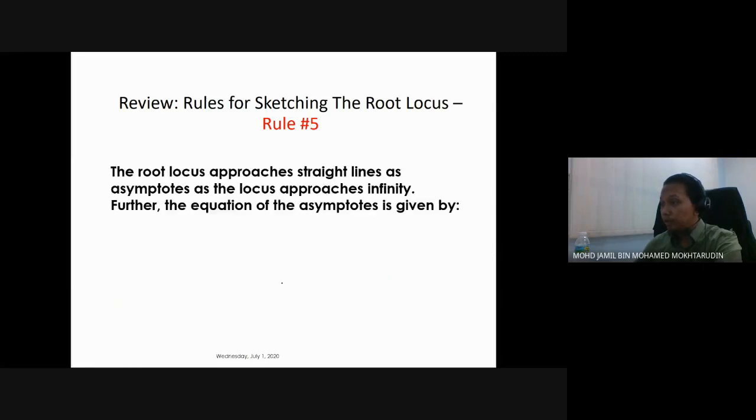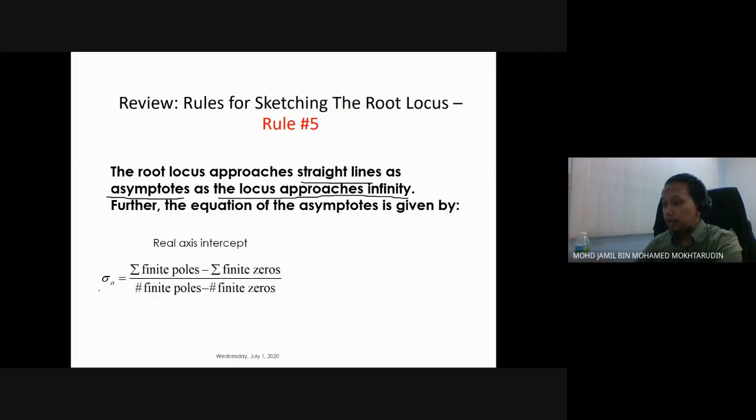And rule number 5, the root locus approaches a straight line. This straight line we call asymptotes, as the root locus approaches infinity. The asymptotes can be calculated using two formulas.